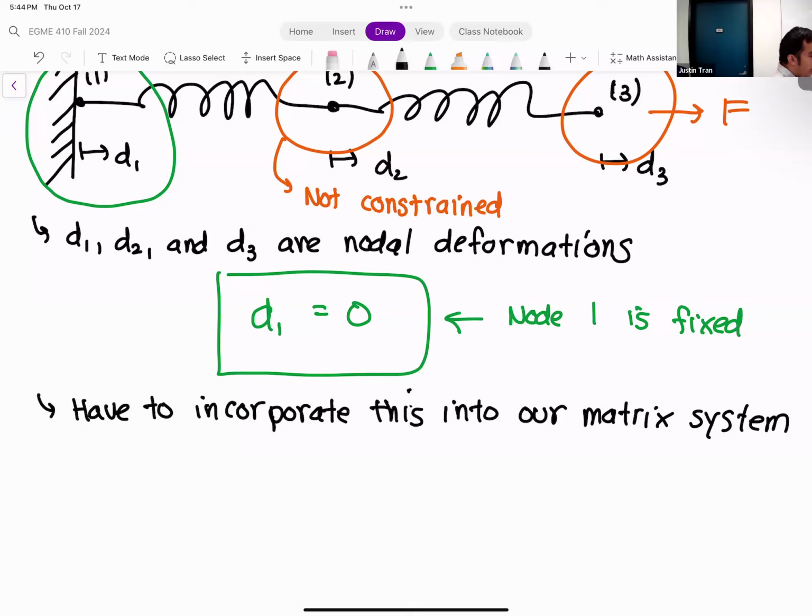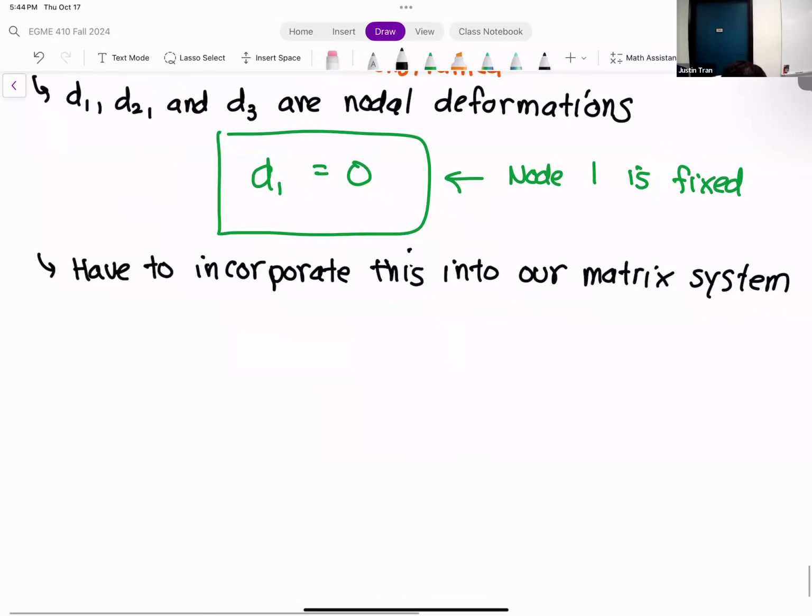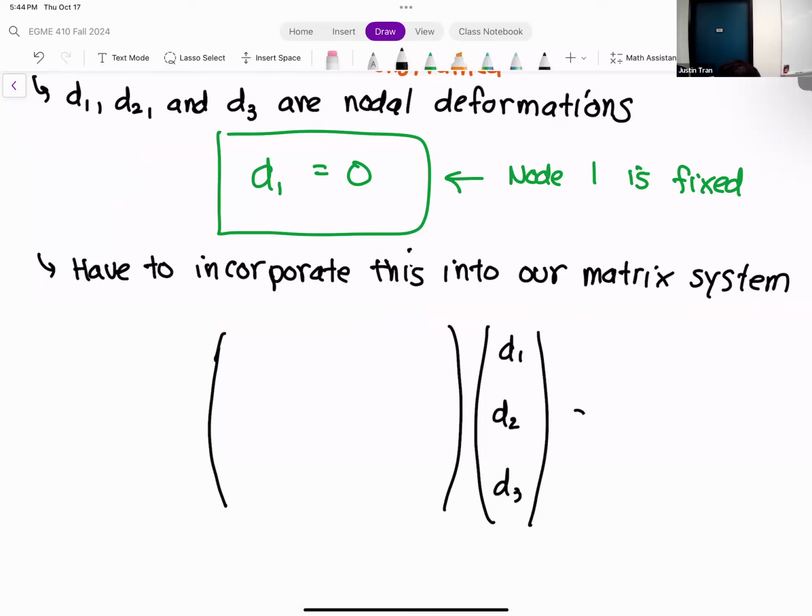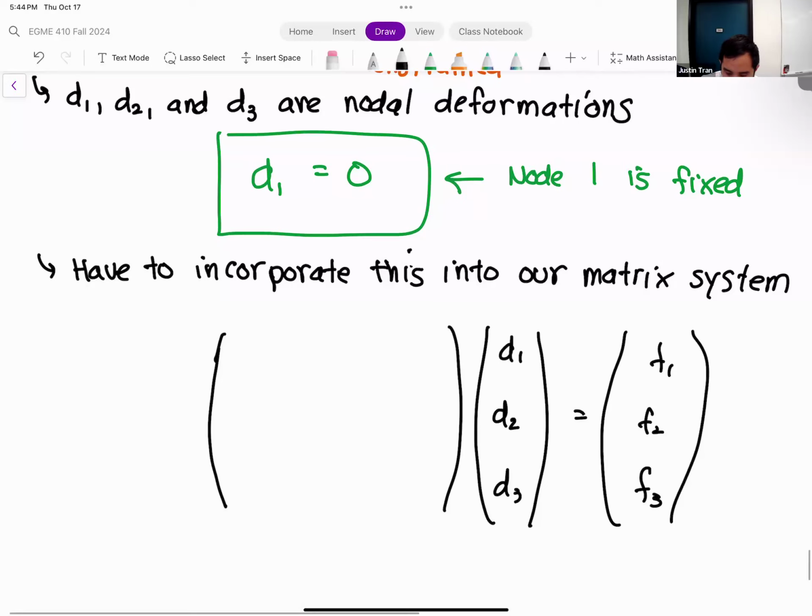So 3 equations that we're going to solve for our 3 unknowns, D1, D2, and D3. So our matrix system already has 3 equations for our 3 unknowns.